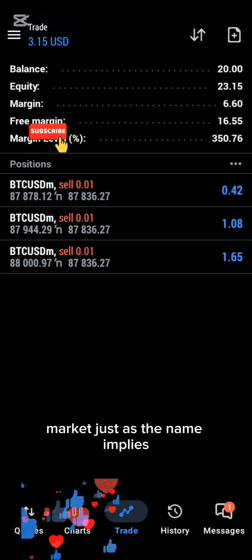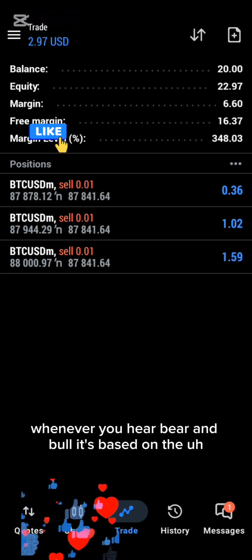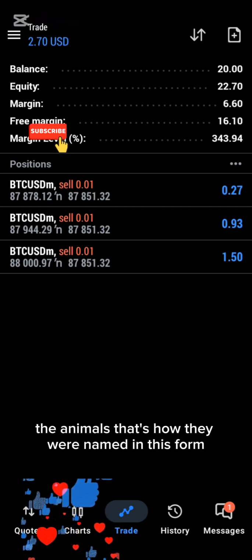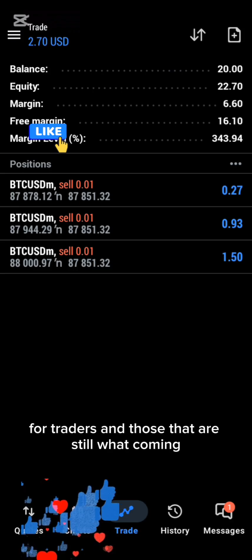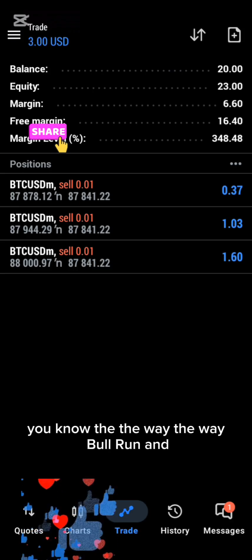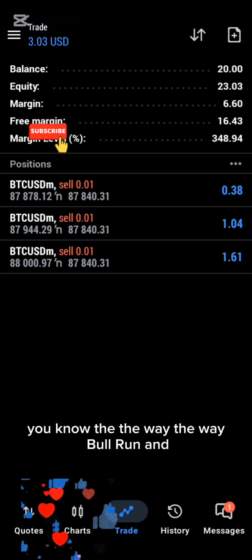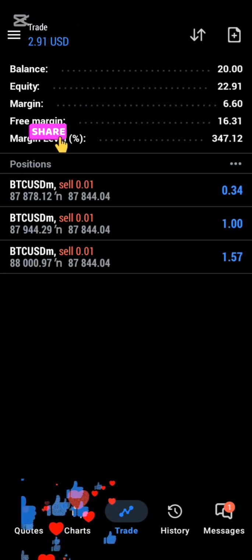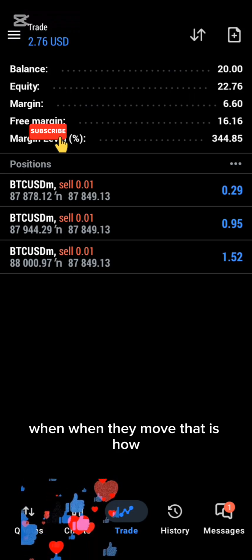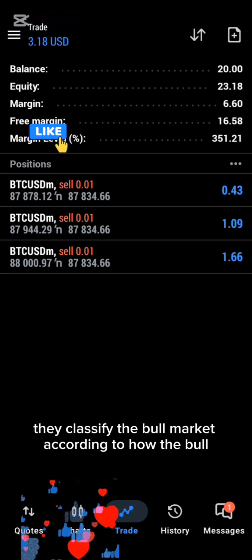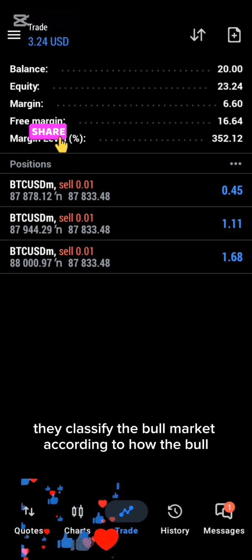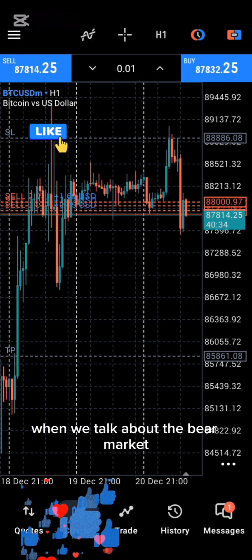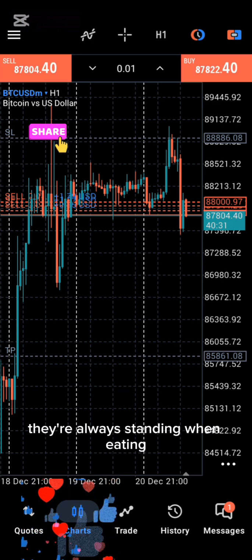Just as the names imply, whenever you hear bear and bull, it's based on the animals. That's how they were named, for a better understanding for traders and those that are still coming. The bull runs and tries to move its head higher when it moves, and that is how they classify the bull market. Now the bear, we already know, is always standing when eating.